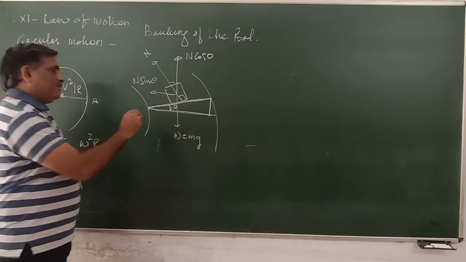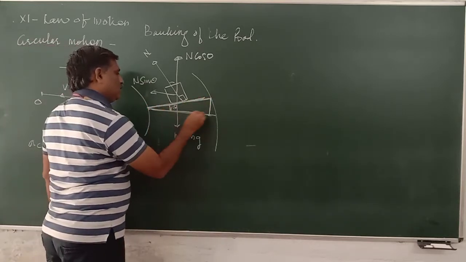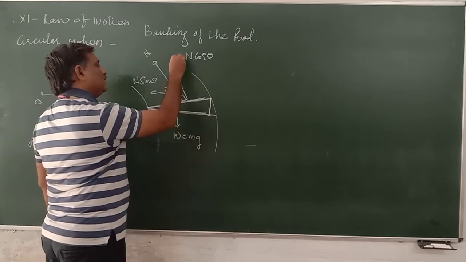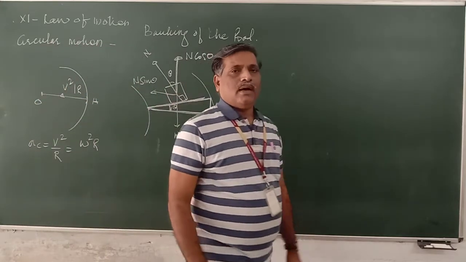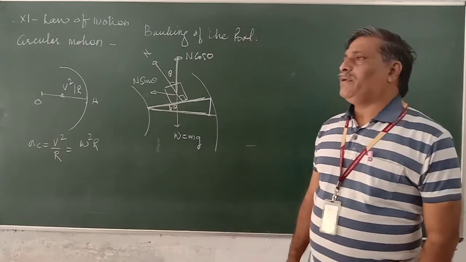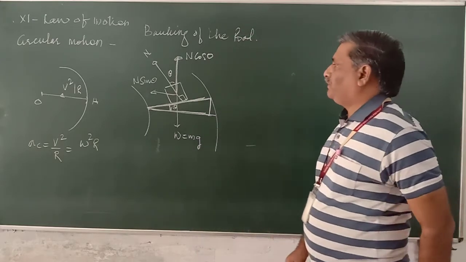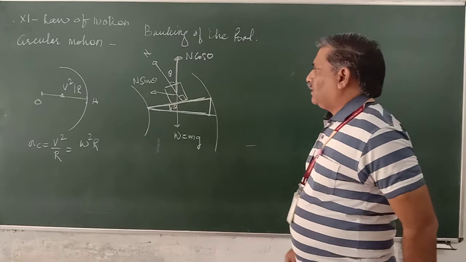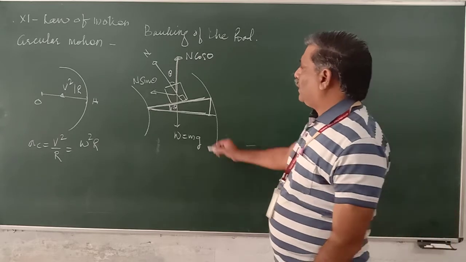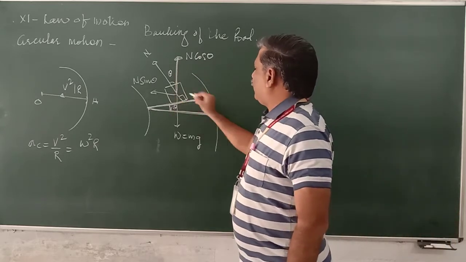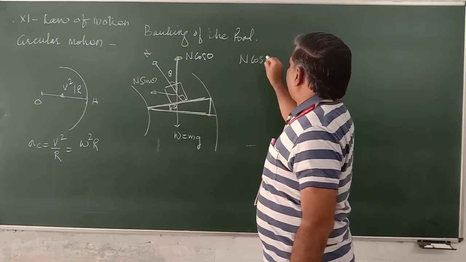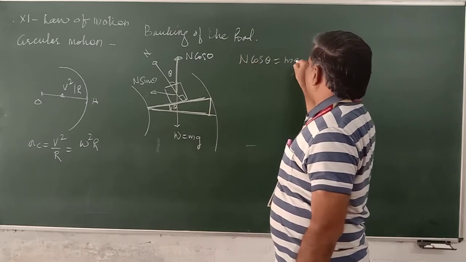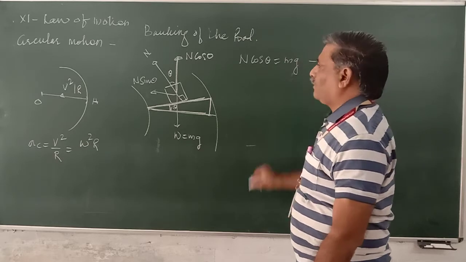We can see if these are two radii, then these two are tangents. We know that the angle between two radii is the same as the angle between the corresponding tangents. Now let us see what the forces are. First one, that is N cos theta is equal to mg, equation number 1.